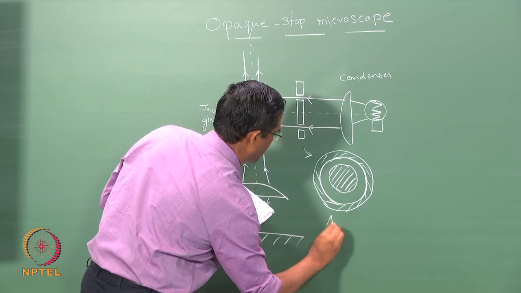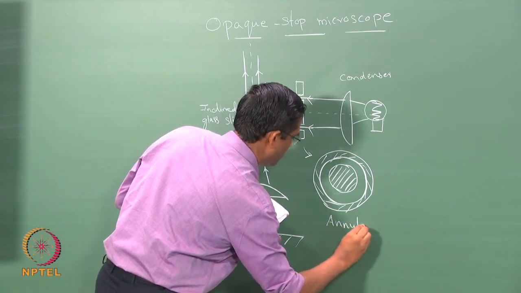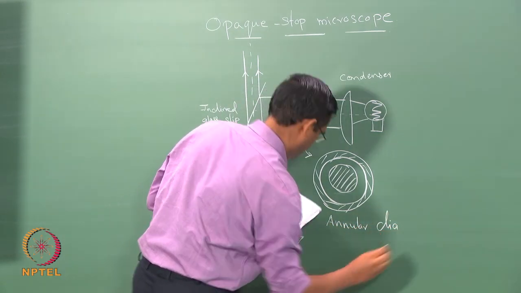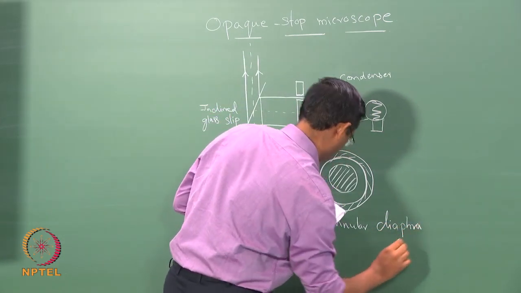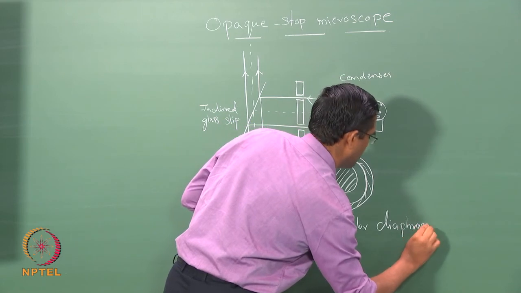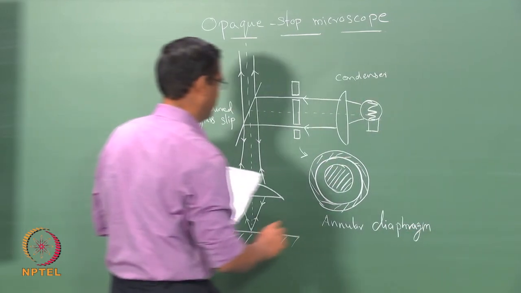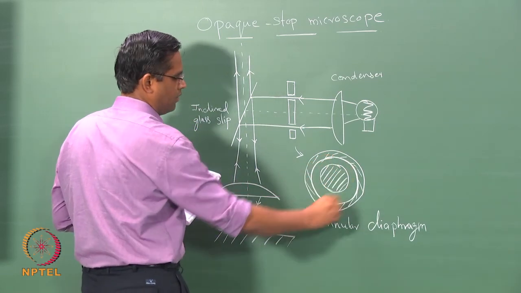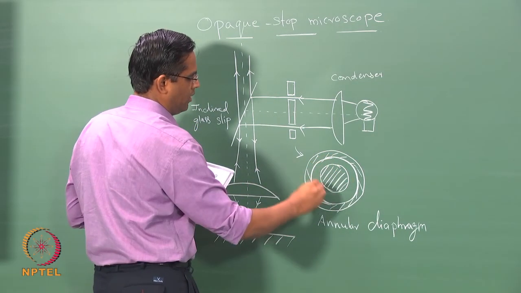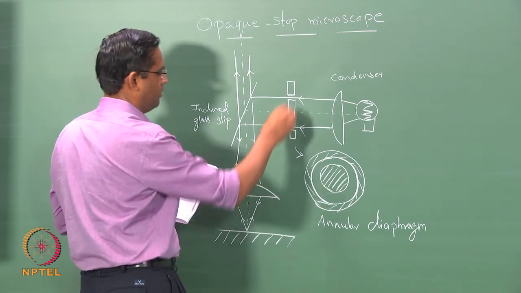This is an annular diaphragm. There is an annular opening, and this is a disc, which is kept here.